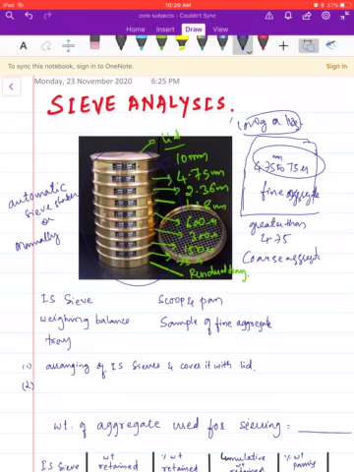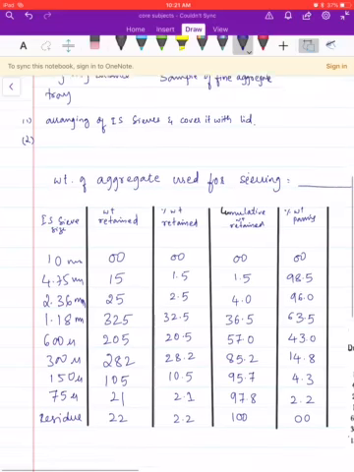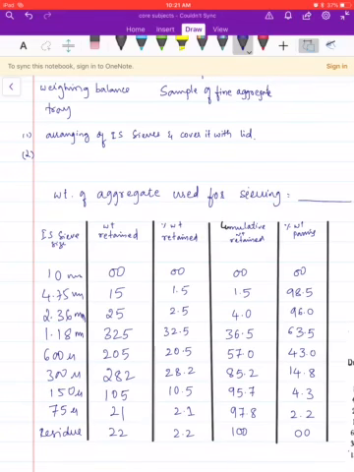That data has to be recorded in an observation table. This is the format of your observation table. In the first step we record the weight of aggregate used for sieving, which is 1000 grams. I have already recorded the data and we will discuss with this data.